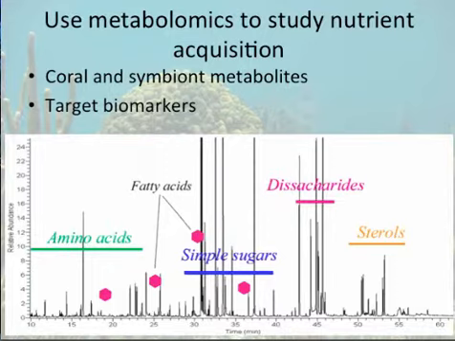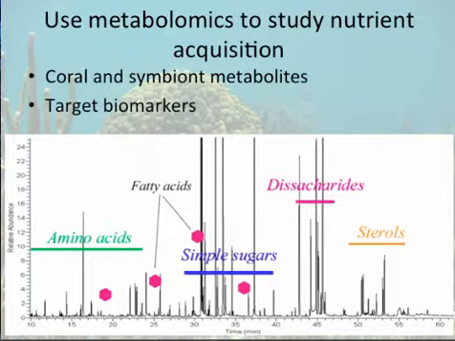I used this to study nutrient acquisition, and I looked at the two symbiotic partners separately, as I mentioned. I wanted to target biomarker molecules, and the metabolites that I was able to detect included amino acids, which are used for cell structure and proteins, fatty acids and sugars, including disaccharides, that are energy molecules used for metabolism, and finally sterols, which are essential molecules for membrane function.